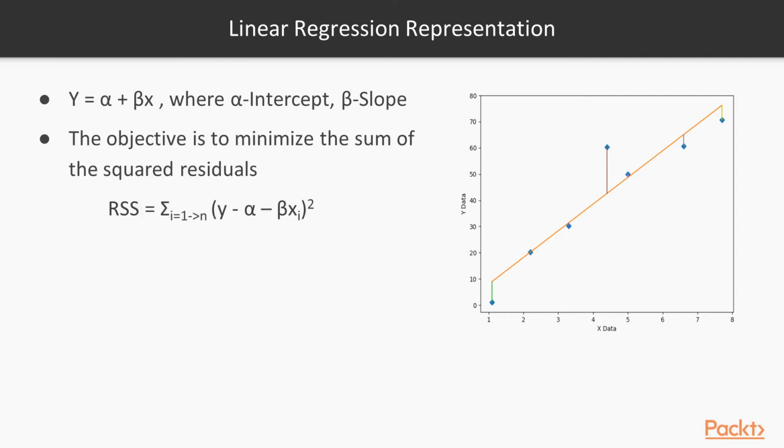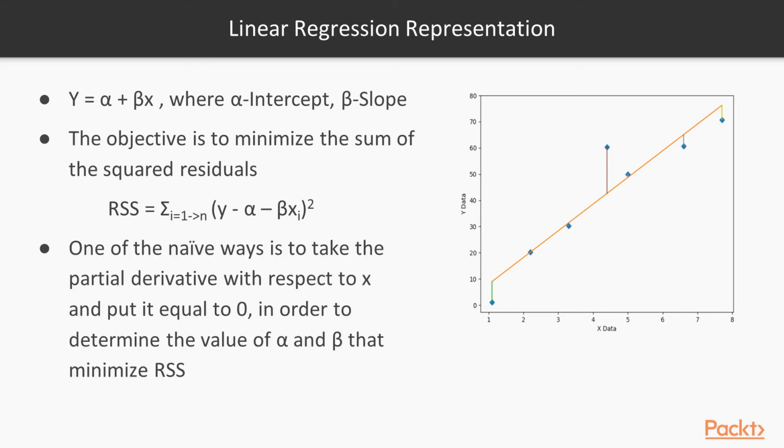Now, the objective in any linear regression is to minimize the sum of squared residuals, which is also called RSS. Its definition is the summation from i = 1 to n of (y minus alpha minus beta xi) whole square. This y minus alpha minus beta xi comes from this equation: when the predicted value of linear regression is subtracted from the true value, squared and summed across all the n data points, that is when we get RSS.